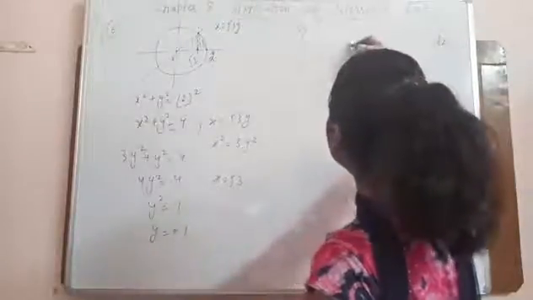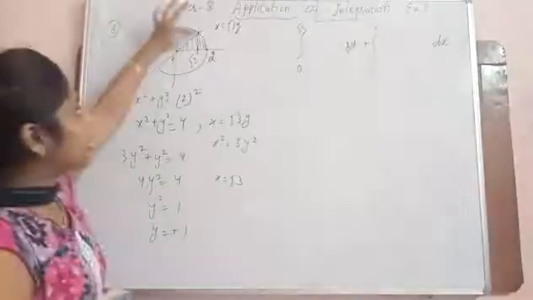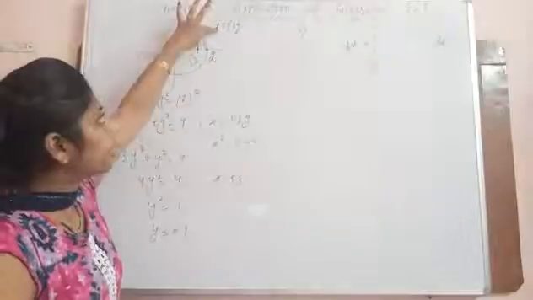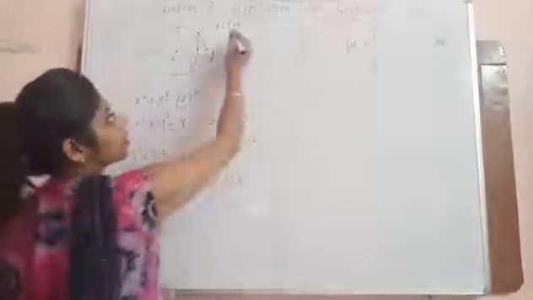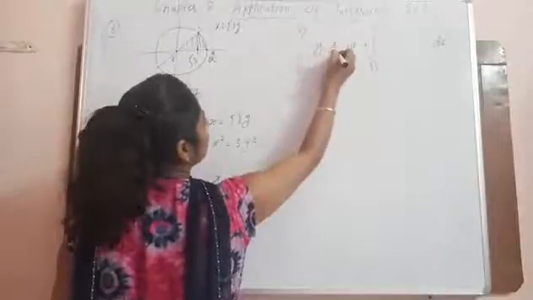Now what will be the functions here? In this, the function is under the line. So we will consider the function for the line, y dx. y is x by root 3.